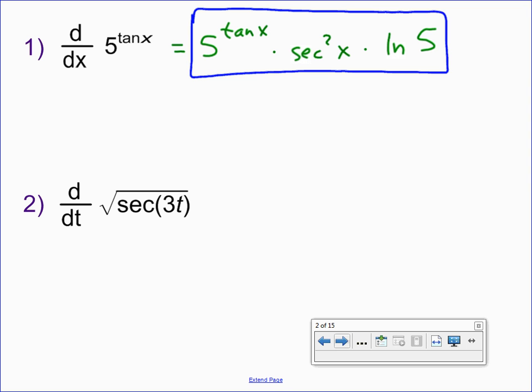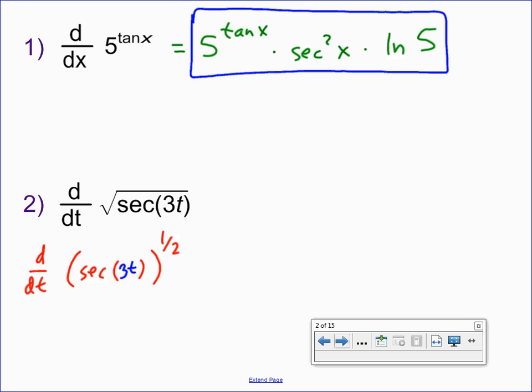And so in my head, I'm thinking this is asking me to differentiate secant of 3t all to the 1/2 power. So I'm going to go ahead and start out with my power words.